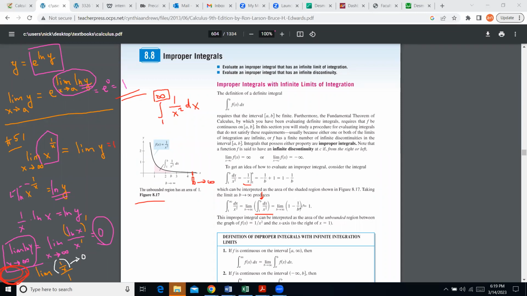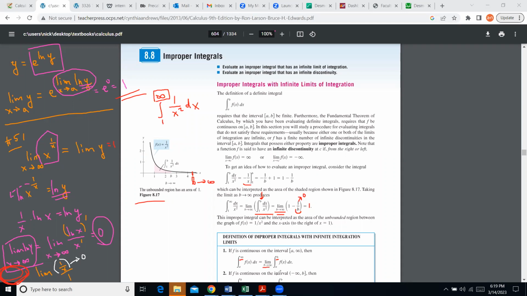Then I take the limit when b goes to infinity, and it happens that 1 over b will go to 0 in this particular example. 1 over infinity is like 0, it disappears. What's left is just the number 1 that was sitting next to it in the parentheses. This is a little trick: instead of infinity for the upper limit, you put some number and then send this number to infinity.